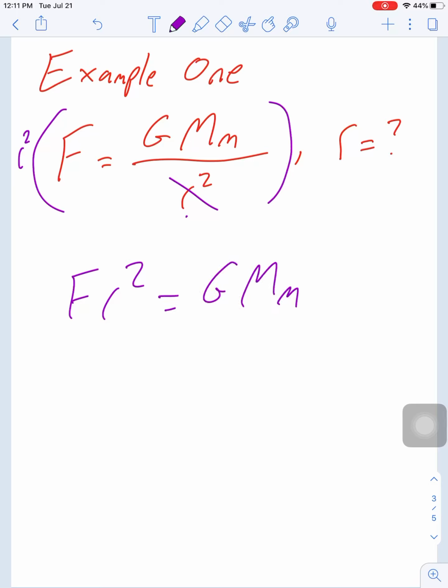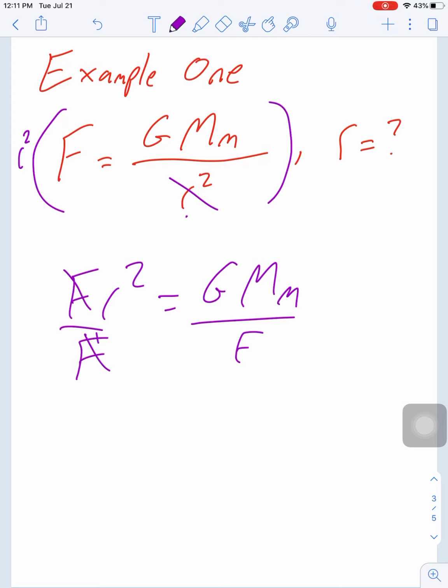Now, how do we continue to get r by itself? Well, I want to move F to the other side. So I'm going to undo that multiplication by dividing both sides by F. I wouldn't be subtracting it because the opposite of multiplying is dividing. So on this side, F's cancel out.